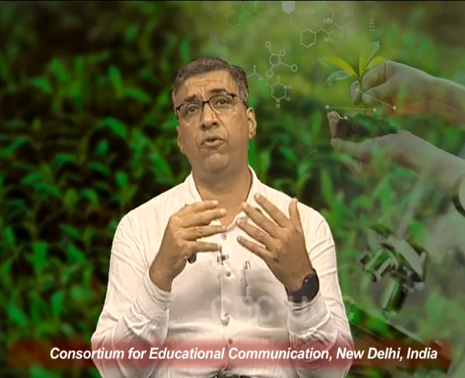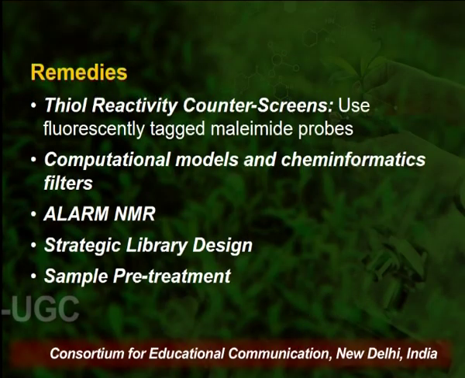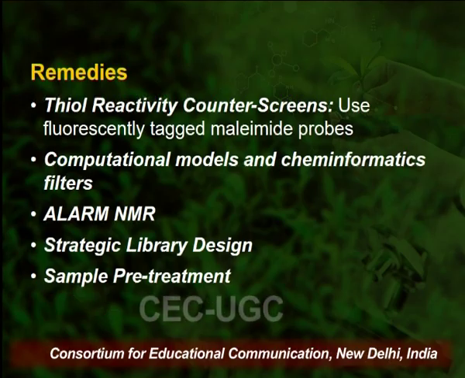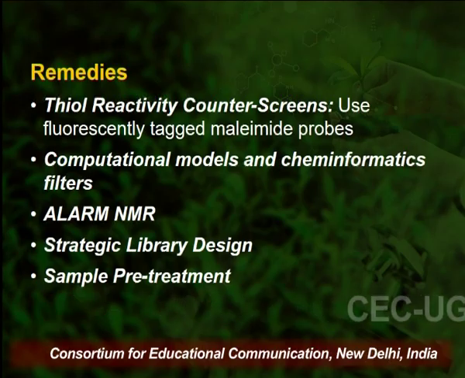We can also go for ALARM NMR studies, wherein the NMR pattern that is obtained of that particular extract or fraction or compound will be searched automatically by the software through a database.